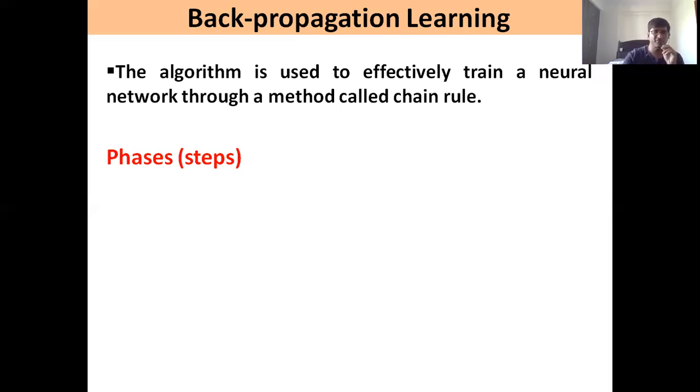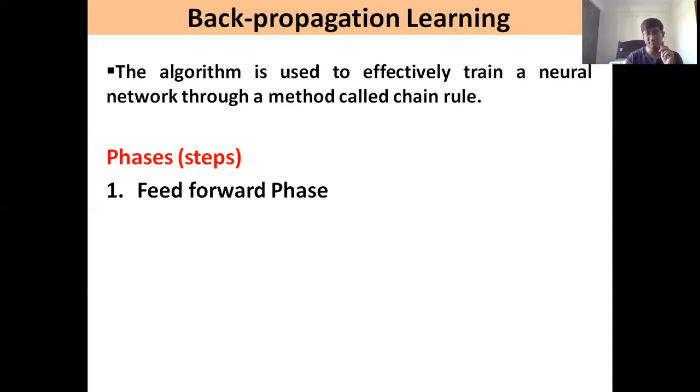The first phase of backpropagation is called the feed-forward phase, right? In the feed-forward phase, we would be giving the input to the input layer and calculating the net inputs. Mind you, the backpropagation neural network is a multi-layer perceptron model, so we have at least one hidden layer.